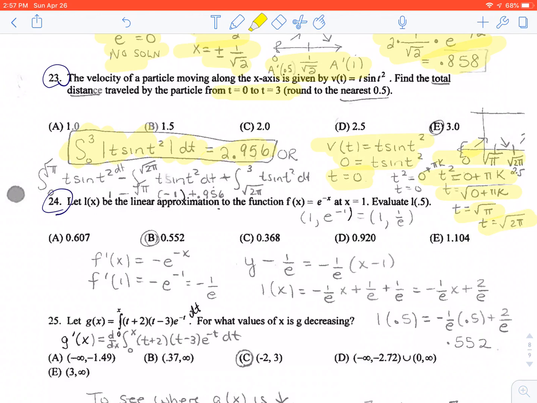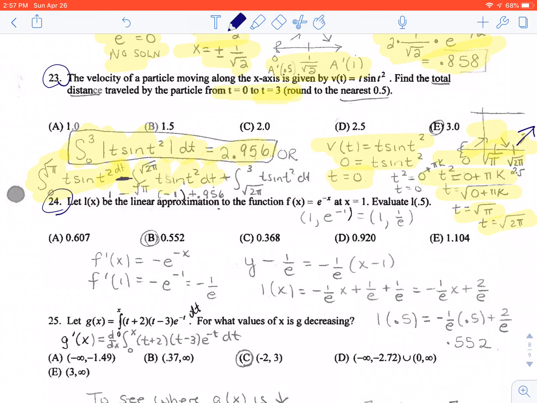So it's going to move to the right from 0 to root pi, then to the left from root pi to root 2 pi. So if I had to set that up, I would make it a negative integral because I know the integral is going to give me a negative, and a negative times a negative would be positive. Oh, and then root 2 pi was in that interval actually. It just went off my screen.